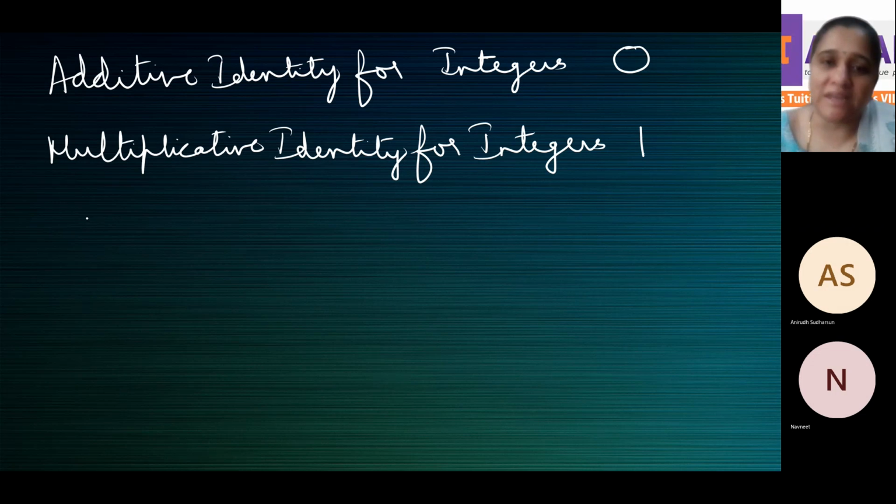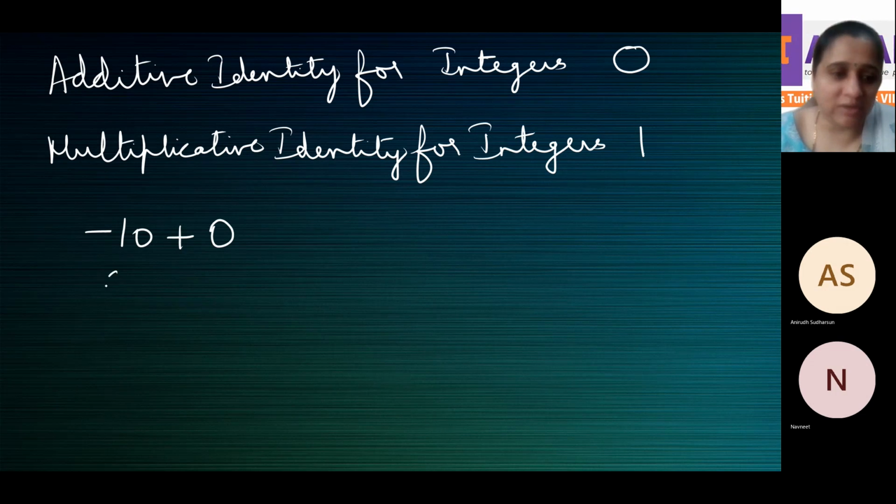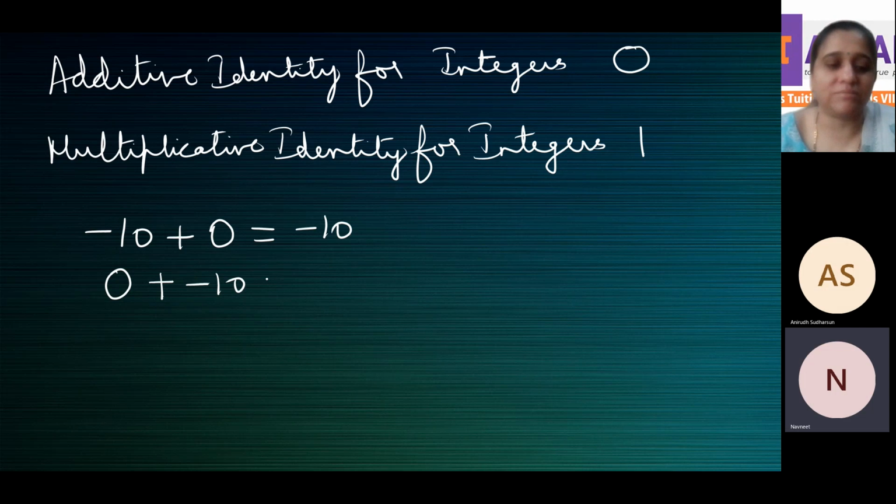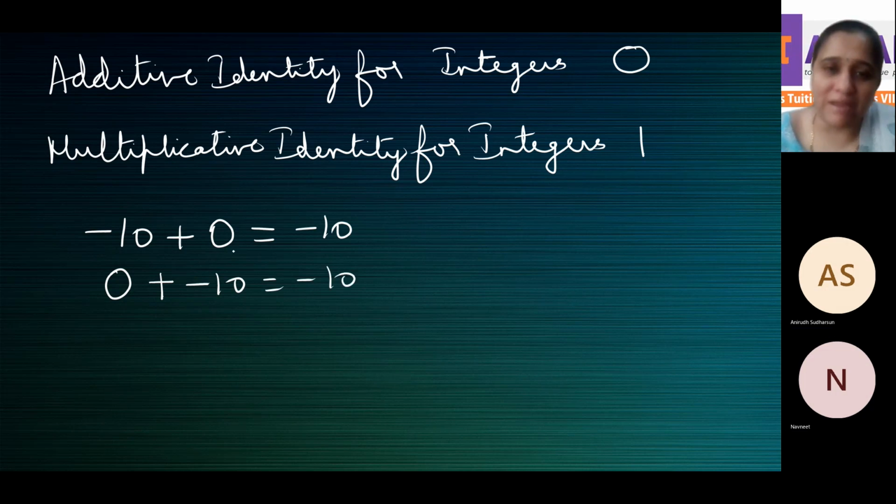Because when you take any integer, say -10, and add a 0 to it, or if you take 0 and add any integer to it, say -10 again, what is the result? -10 itself. -10 plus 0 is -10. 0 plus -10 is also -10.